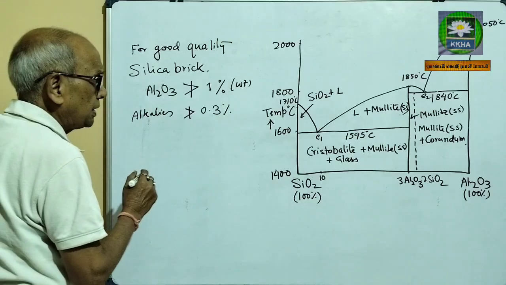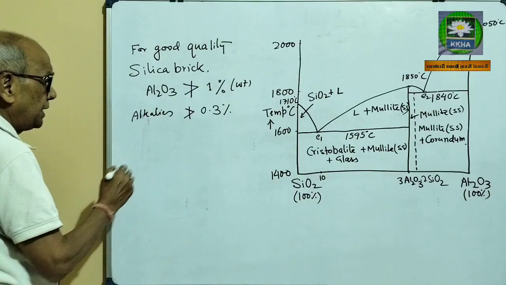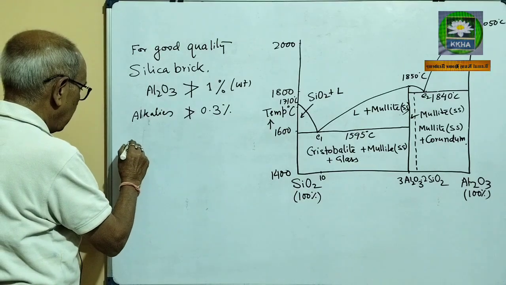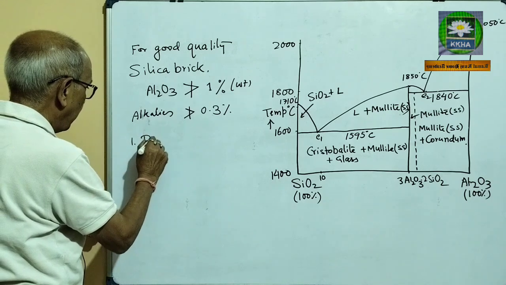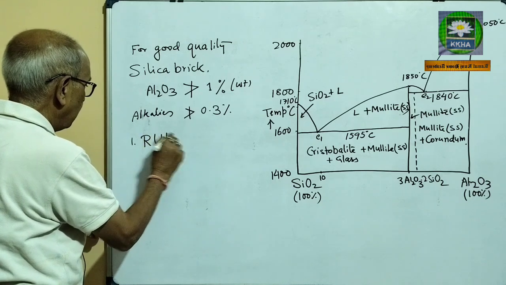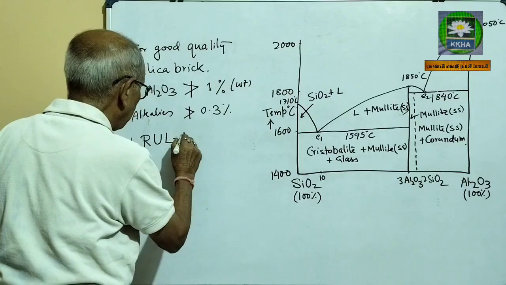hot load bearing capacity is indicated by two parameters. Number one is RUL. RUL means refractories under load.